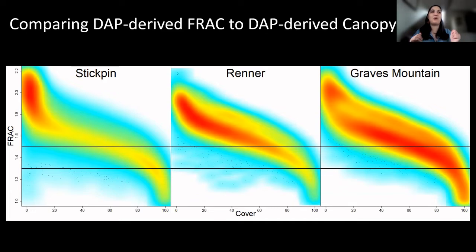I kind of think of them as worms in my head. I've been looking at them so long, I just call them worms. But for the Stickpin fire, you can see that the lower the canopy cover is, the higher the frac value is, which again makes sense, right? If you have lower canopy cover, it's more likely to be more broken up, versus really high canopy cover, which might be more likely to be not broken up.